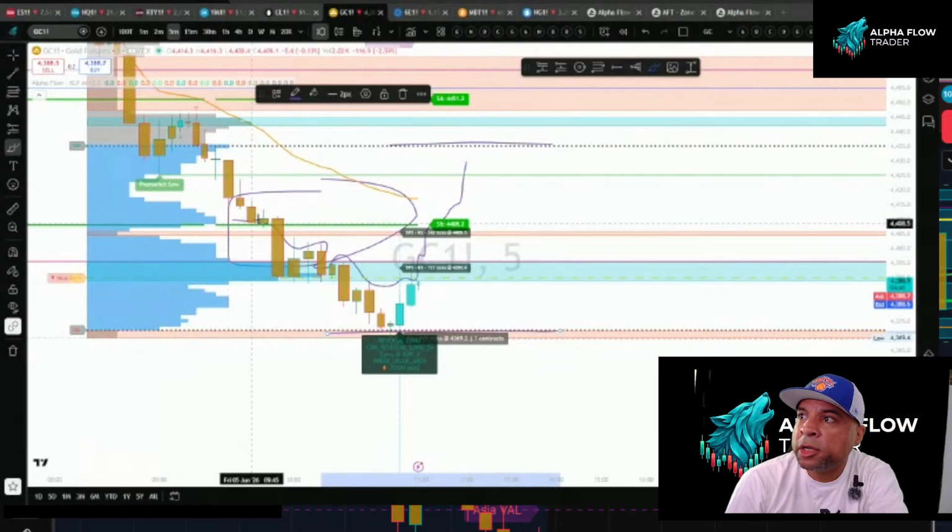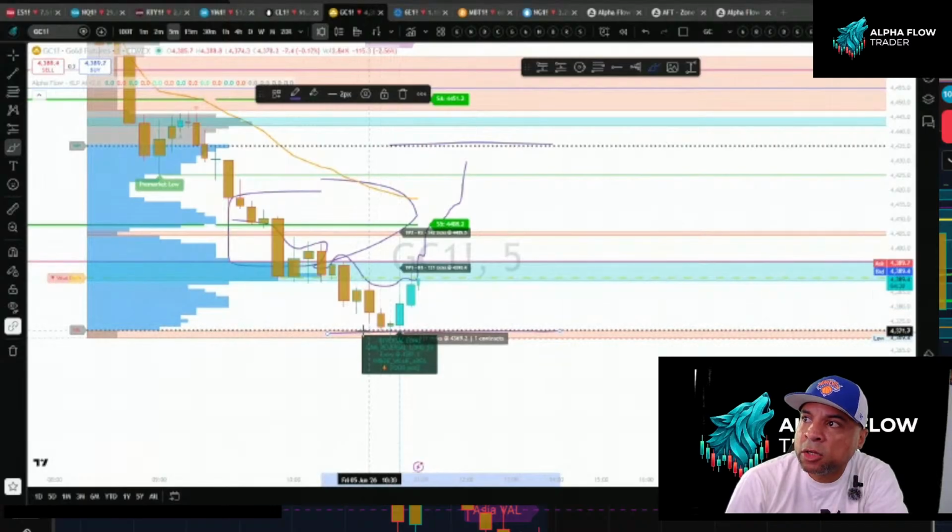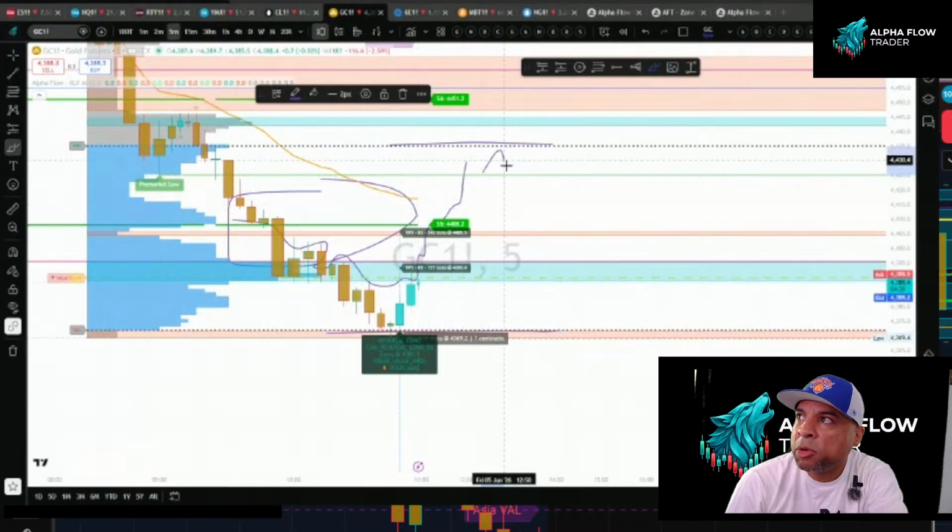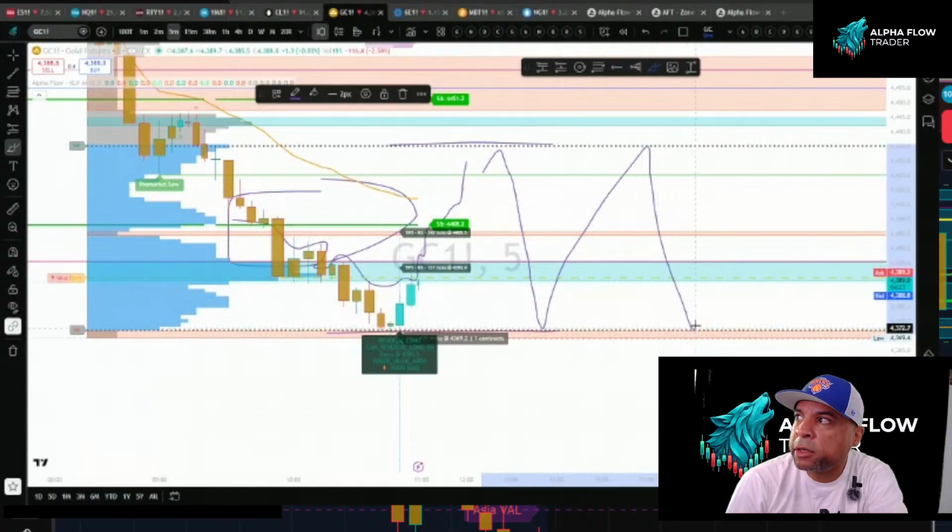And one of the setups I like to look for is when price gets down to value area low, to take longs off of value area low and take shorts off of value area high, as price usually likes to bounce off of these levels. It used to come up here, down here, down here, down here. So kind of like to just time out these reversals and trade these levels as well off your volume profile.